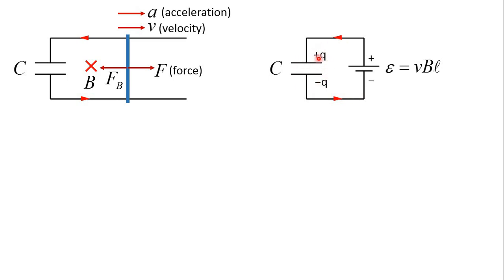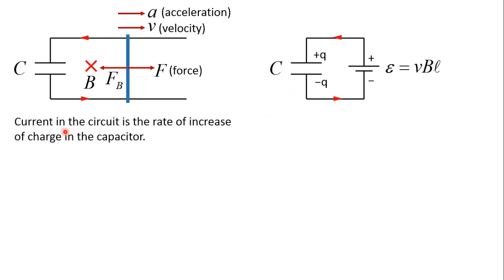Charge Q keeps increasing with time. So the current in the circuit is the rate of increase of charge in the capacitor. You know that current is defined as dq by dt. What is Q? Q is the charge stored in the capacitor. So dq by dt is the rate of increase of charge on the capacitor, which is the current flowing in the circuit.